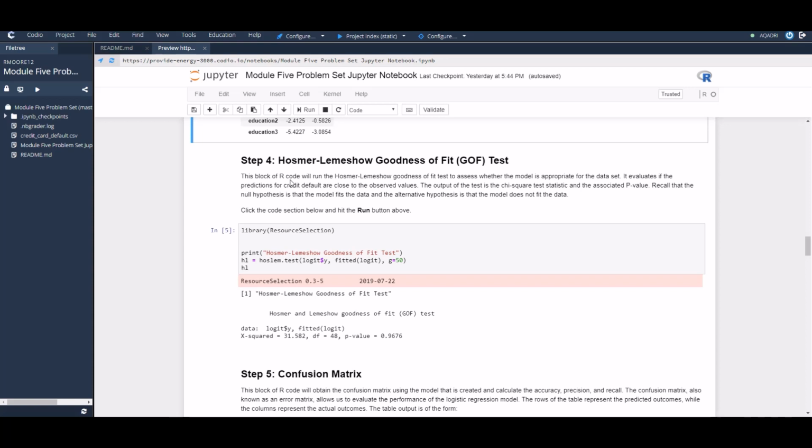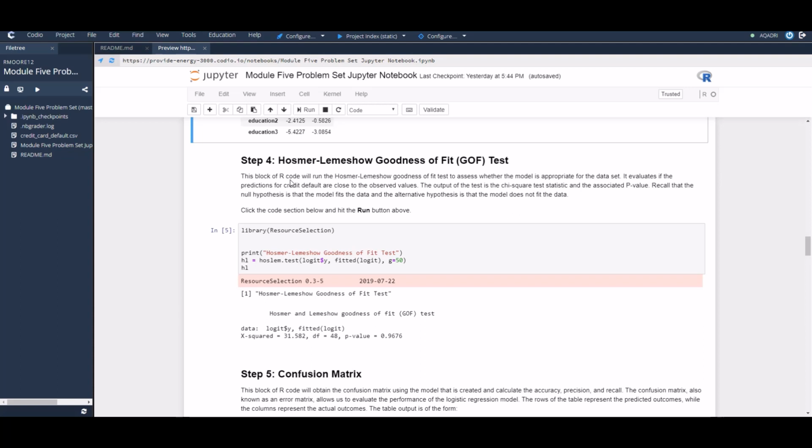And the null hypothesis was that all of the beta parameters, the slope coefficients for the predictors, are zero, and the alternative was that at least one of them is non-zero, right? Well, in the case of logistic regression, we have a slightly different test, but the process is exactly the same.